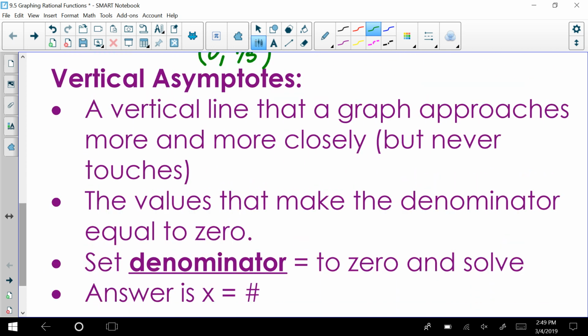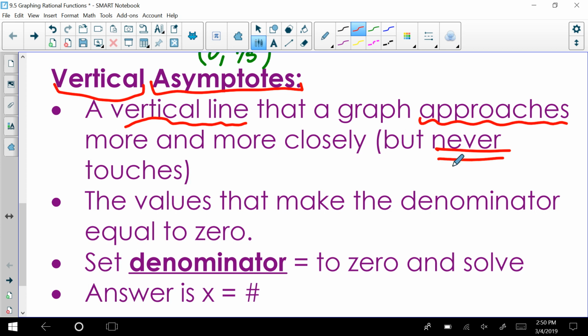Then we get into this brand new thing called an asymptote. You've never seen this before. An asymptote, in general, is a line that cannot be crossed. When we talk about vertical asymptotes, we're talking about vertical lines on a graph that we're going to get close to, approach, but we will never touch.